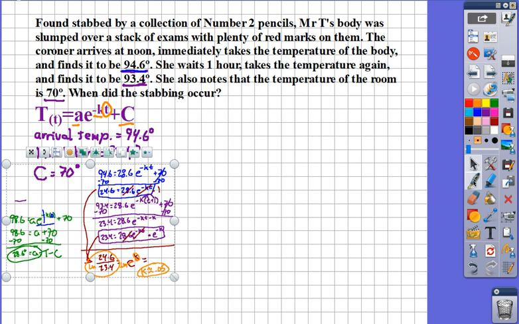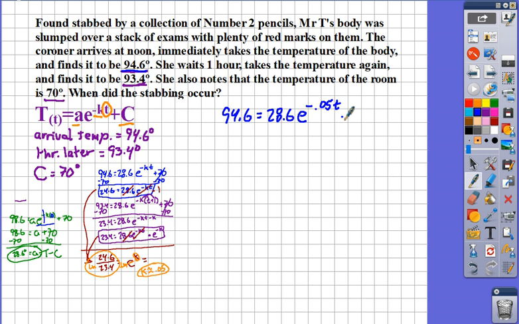Okay, so last thing we're going to do, let's go ahead and go to blue now. Let's solve this problem. Okay, so what do we got? We know that when the coroner arrived, we were at 94.6 degrees, equals 28.6 times e to the negative 0.05 times t, that's what we need to solve, plus c, the room temperature.